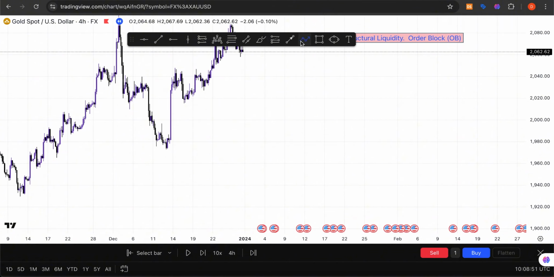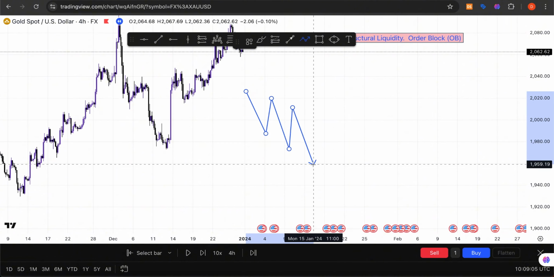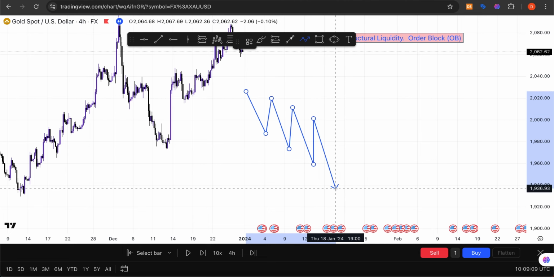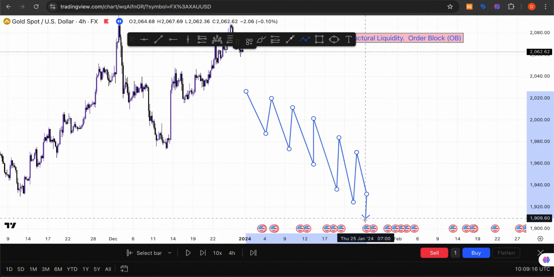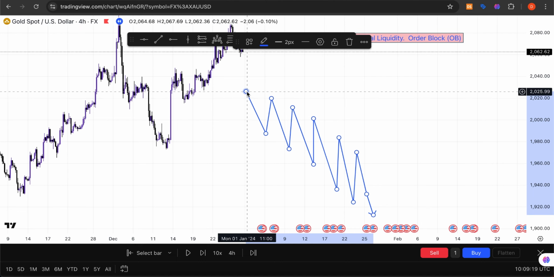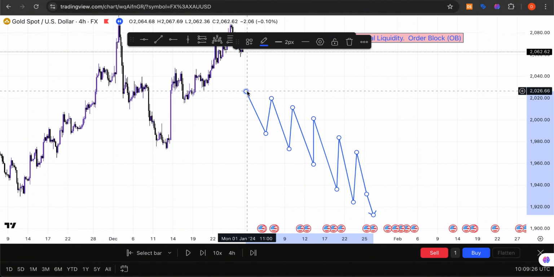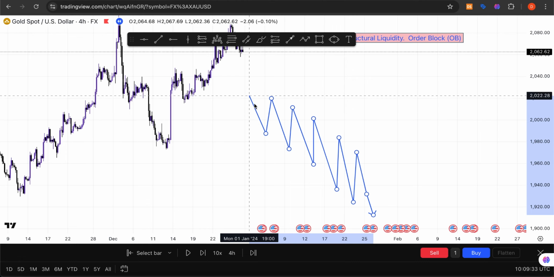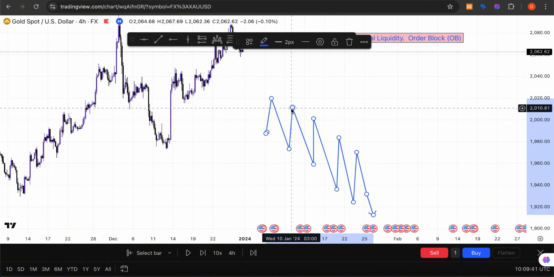If you want to look out for sell, we say lower high, lower low, lower high, lower low.